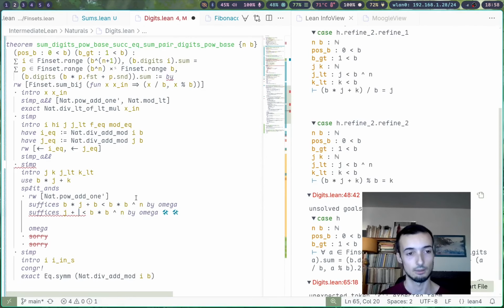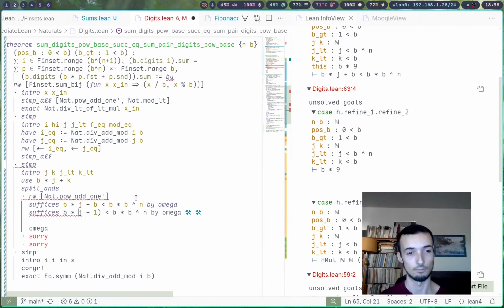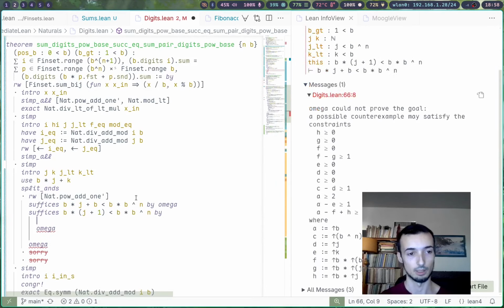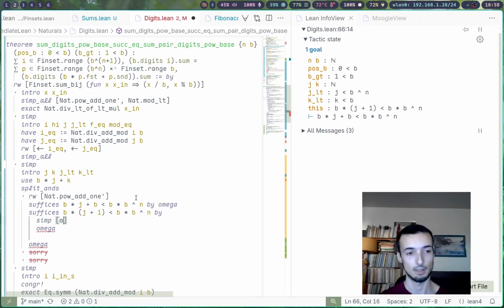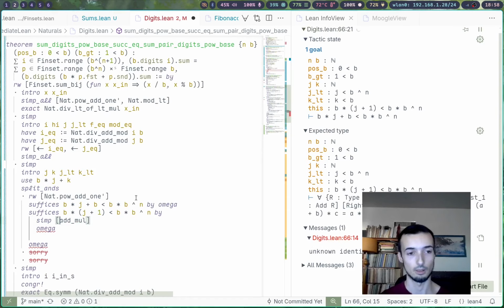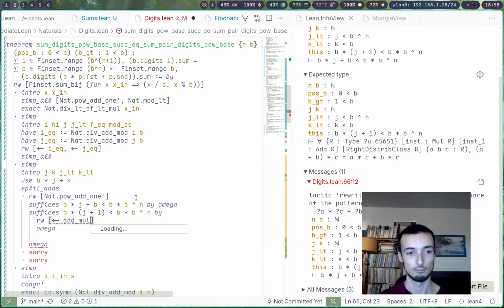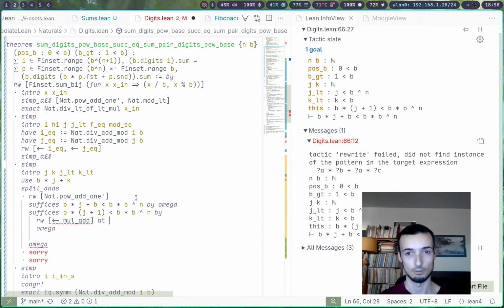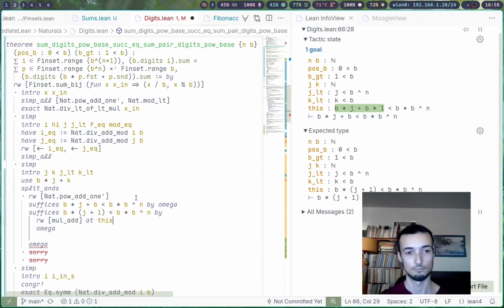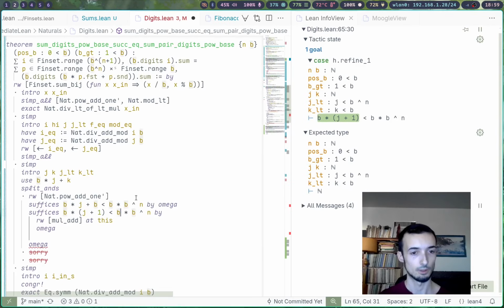So let's see if we can do this one first. And this is going to be by simp add_mul, I think, in the opposite direction. Rewrite. So simp add_mul. So just add this, b in the other direction. Oh, cool. Okay. So I don't necessarily want to do that though. I want this simpler expression.